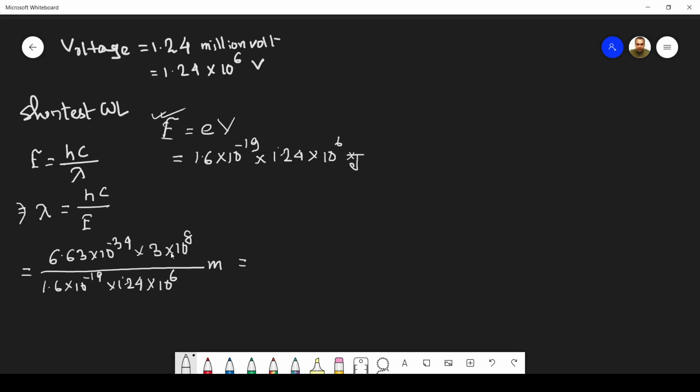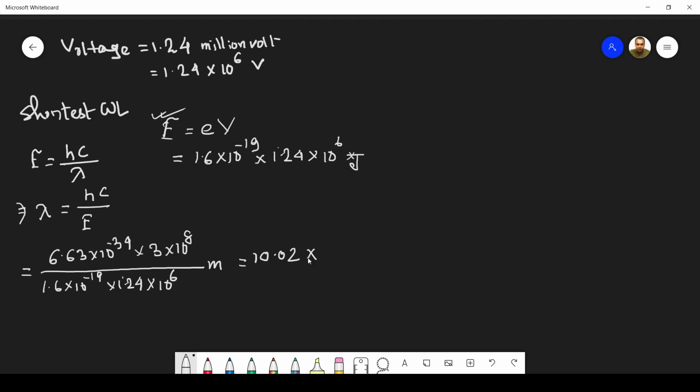Now just do the multiplications. 6.63 multiplied by 3 divided by 1.6 divided by 1.24 roughly gives us 10.02.